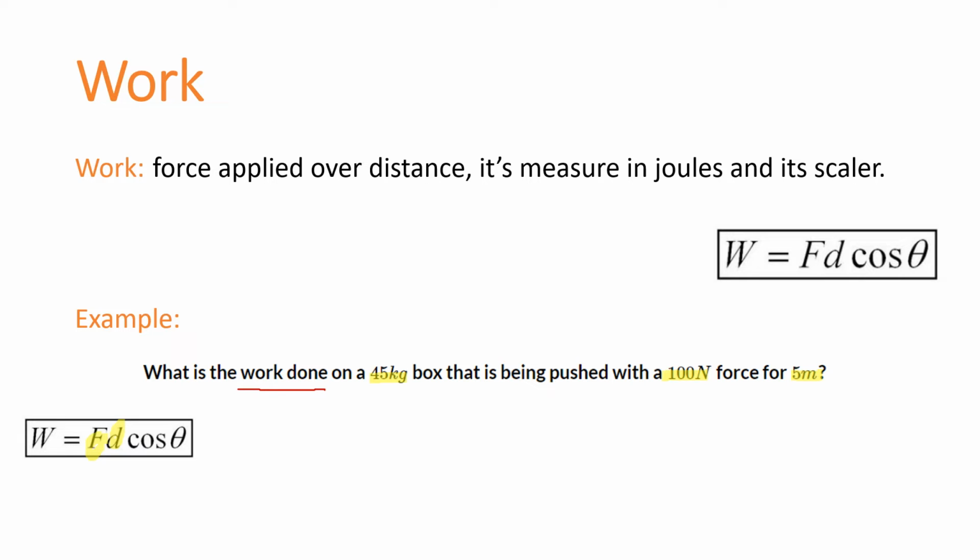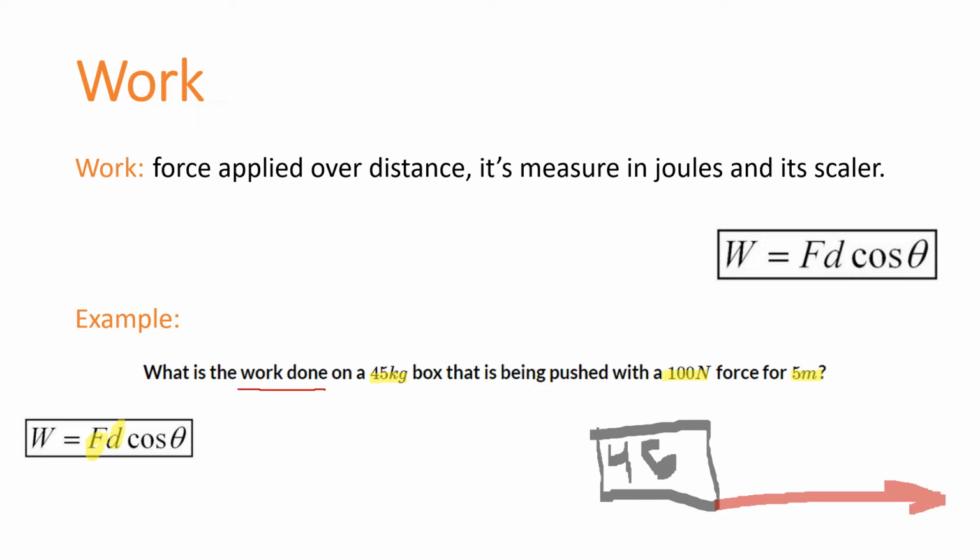So let me draw that for you. It's a box with a mass of 45 kg being pushed with a 100 Newton force for 5 meters. It didn't say what direction it moves, but we would know that it moves in the same direction as the force, because the cosine is the angle between force and distance.